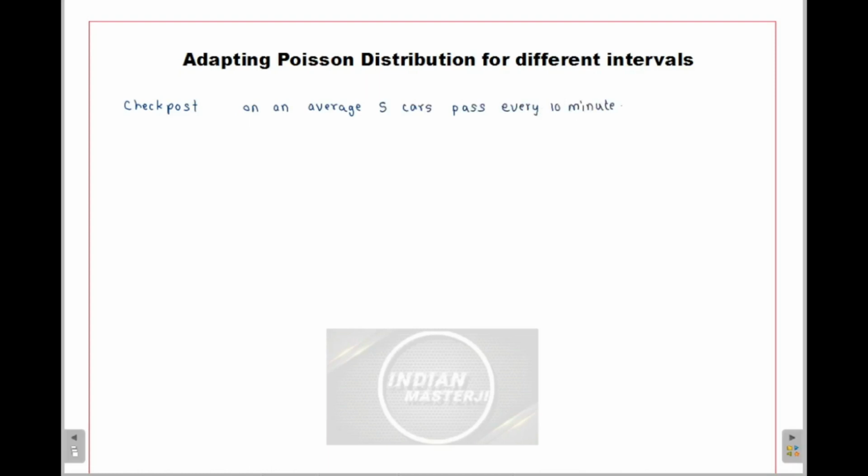Okay, if this is a scenario, then we had seen that the number of cars passing every 10 minutes could be represented by a discrete random variable x, where x was a random variable representing the number of cars passing through the check post every 10 minutes.